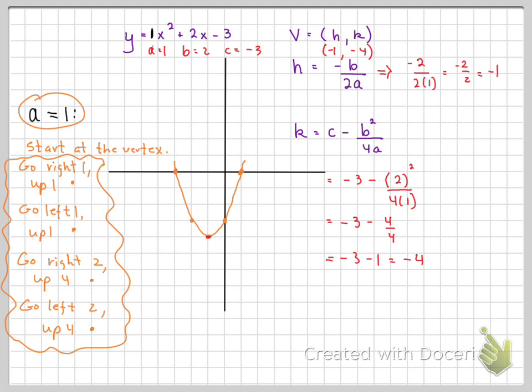That's like a set of directions from your vertex to graph your parabola. Okay? That is example 1. And if you notice, they create this huge table with all these x values, and you have to fill in all the x values and square them and subtract and add and all that other stuff. We no longer have to do that.